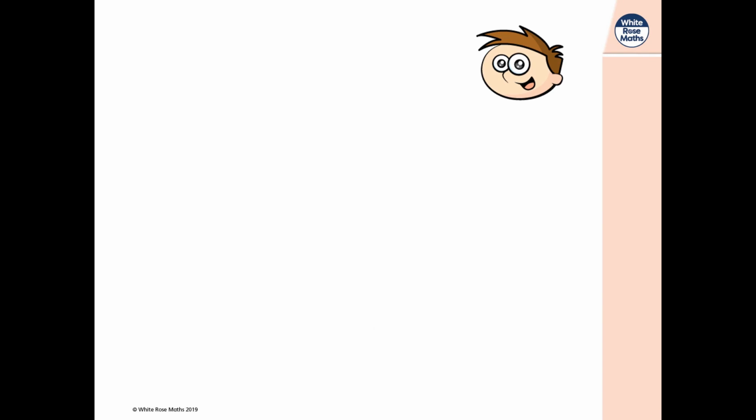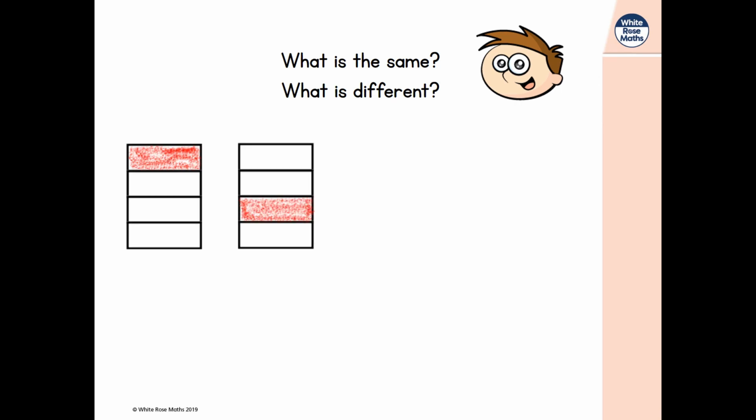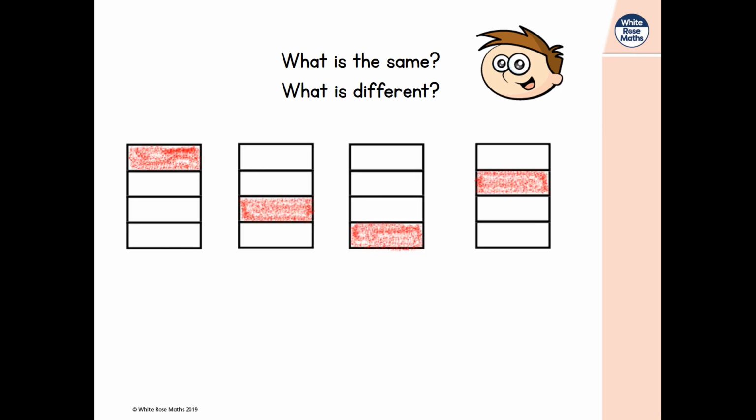And finally, we have Teddy. He says, what's the same? What's different? All right, Teddy, let's take a look. Well, what do you notice that's the same? I see that they're the same shape and that they've all been divided in the same way, 4 equal pieces.